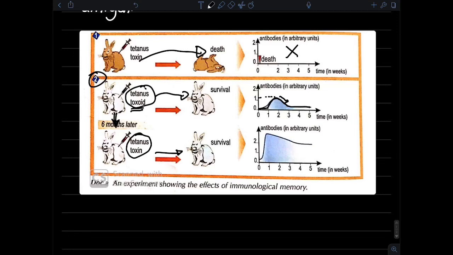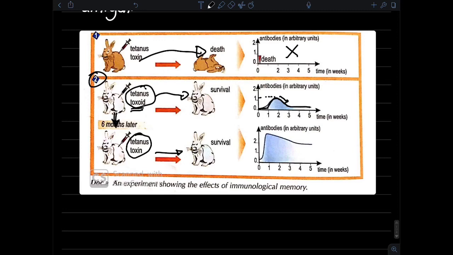By significance, if we compare the two experiments 1 and 2, without previous injection of tetanus toxoid, in experiment 1, toxin is fatal, whereas when tetanus toxin is preceded by toxoid, there is no death.